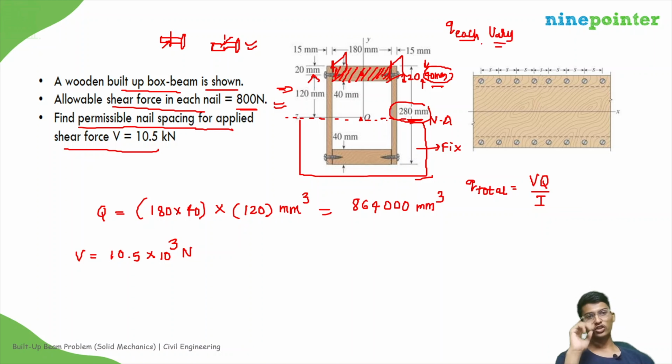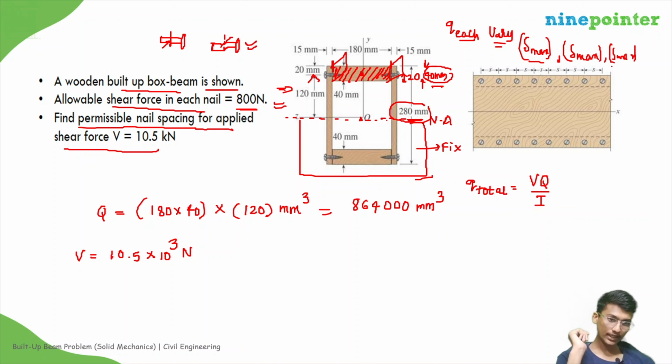So for every cross section, S max will actually be different. But why do we generally calculate for the V max case? We have an S max at every cross section, and among those S max values we take the minimum and use that one.